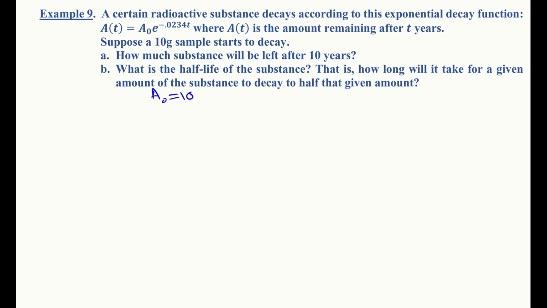So basically here we have A0 equals 10. We're starting with 10 grams, and the first question we want to consider is how much will be left after 10 years. So that's basically calculation of A of 10, which is going to be A0, which is 10, e to the negative 0.0234, and for t we're going to use 10 as well, because they said 10 years.